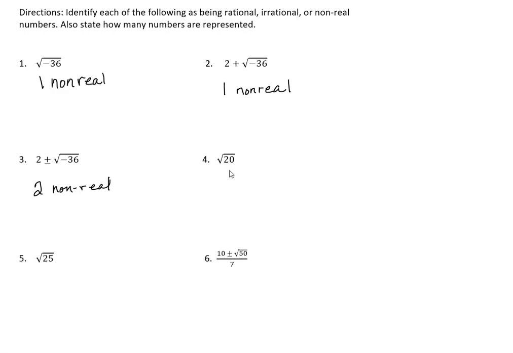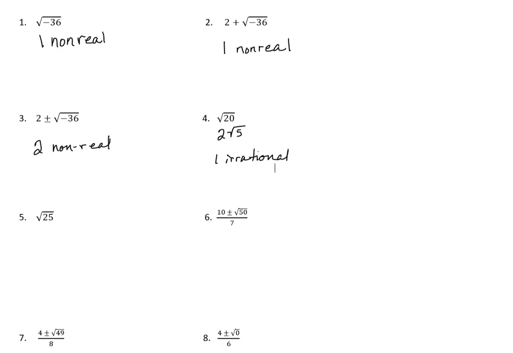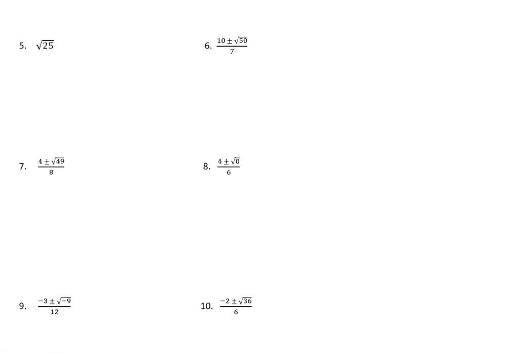Problem number 4, I can simplify the square root of 20, but I know that when I simplify this, I'm still going to have a square root, so I have an irrational number. I have one irrational number. Problem number 5, I have square root of 25. I can simplify that. Square root of 25 is 5, so I have one rational number.